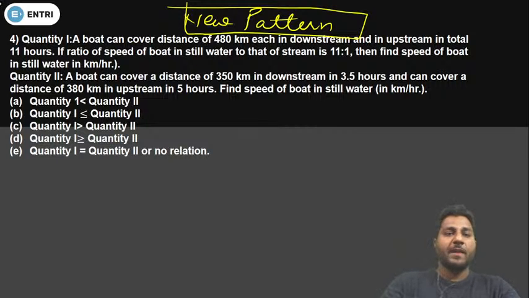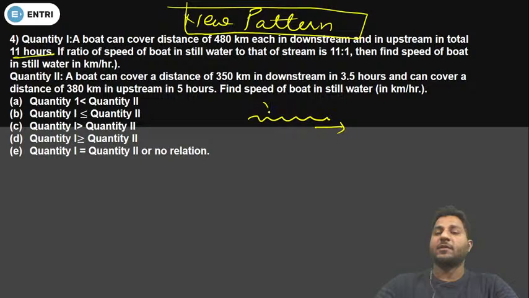Look at this. A boat can cover a distance of 480 kilometers each in downstream and in upstream in total 11 hours. Upstream means if the water is flowing in this direction, you will be traveling your boat in the opposite direction.